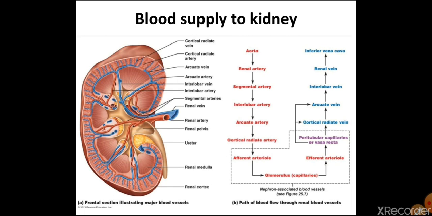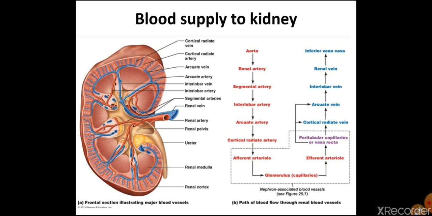From the aorta, it is divided into the renal artery and then the segmental artery. Then there is the interlobar artery, then the arcuate artery, and the cortical radiate artery. The cortical radiate artery then enters the nephron area: the afferent arteriole, glomerulus, and then the efferent arteriole.